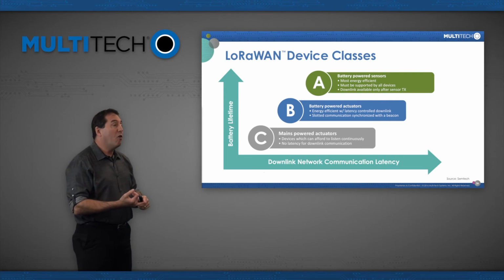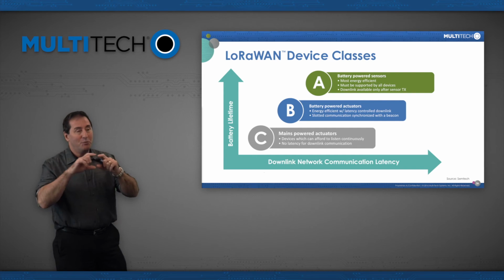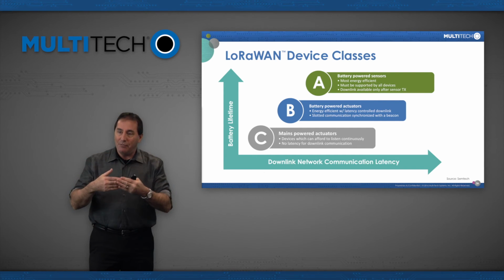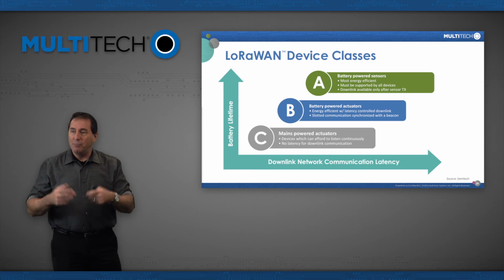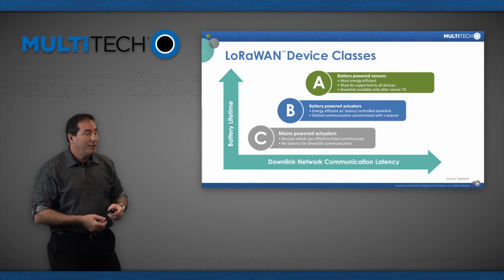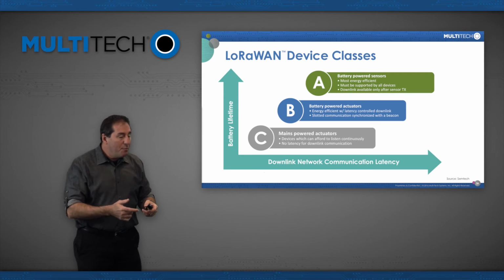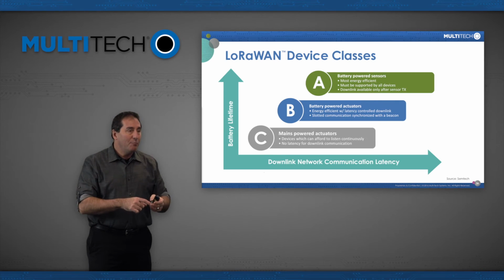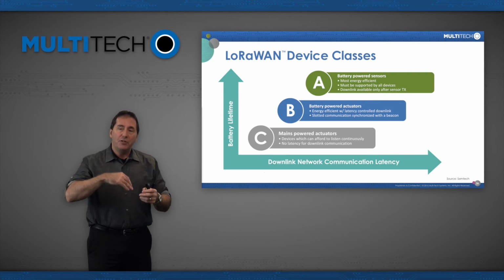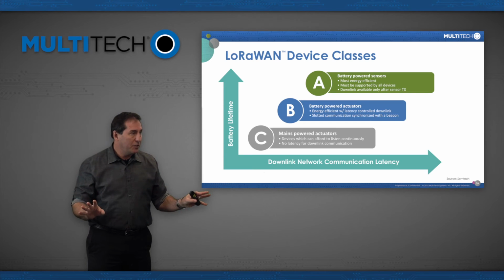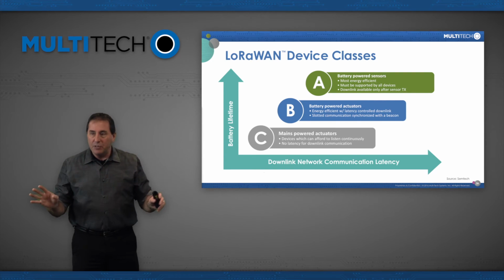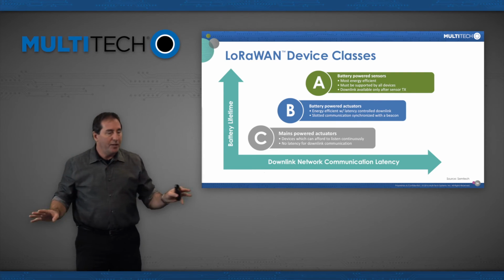A just stands for all. All devices have this minimal functionality that they have to implement to be a LoRaWAN protocol device. What does that mean? The base functionality is that an endpoint will wake up and it will talk and send data whenever it feels like it. No synchronization with anybody else, gateway or any other endpoint.